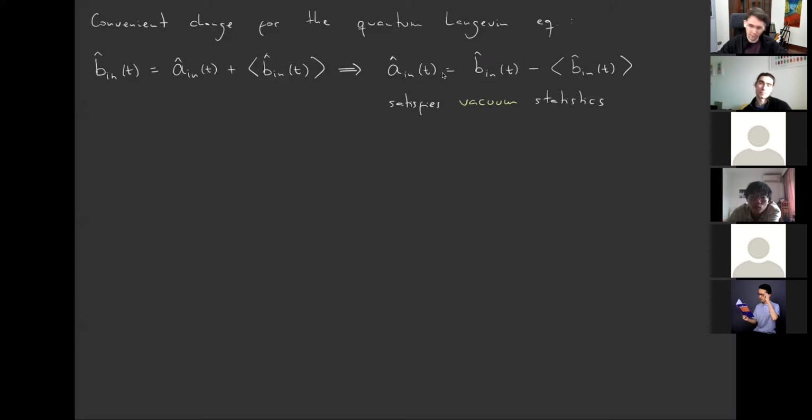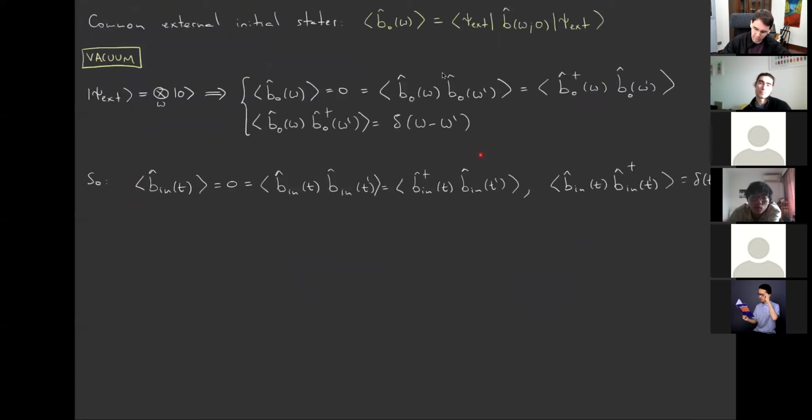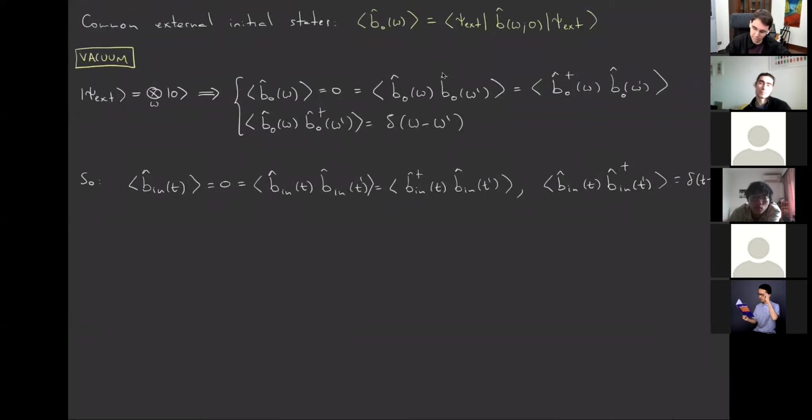So you can check that if you just remove the expectation value of B in from B in, the operator that is left, A in, satisfies exactly these statistical properties that are very simple. So everything is zero except for the second order moment B dagger B. Okay, in this case, A dagger A.